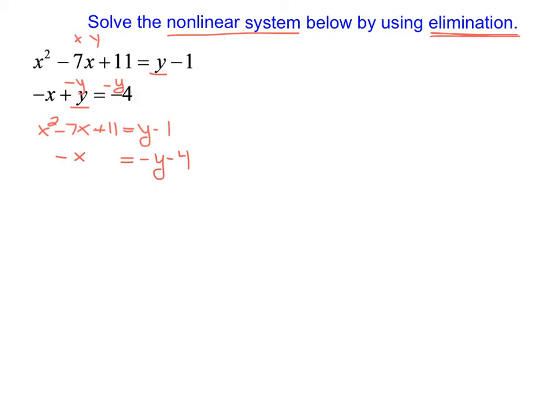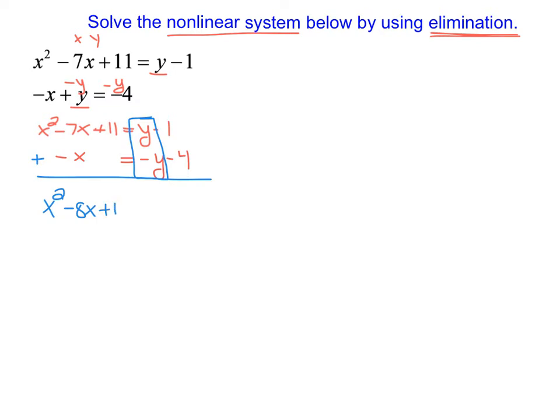Now that I look at these, I notice that the y's, because I moved that one y over, have the same coefficient of 1, but one has a positive 1 and one has a negative 1. So what I can do here is add these two equations together. The x squared doesn't add with anything, so I simply have x squared. Then these add together to be a negative 8x.